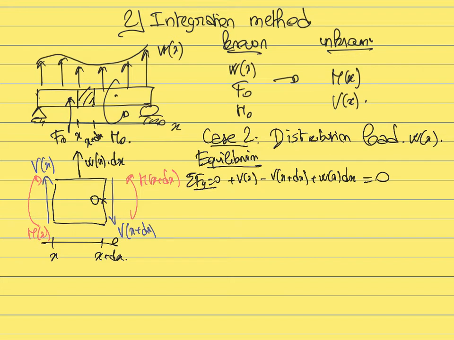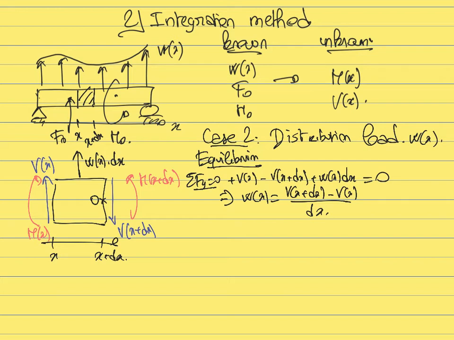So now we can write the distributed load W of x at the point x as the internal shear at x plus dx minus the internal shear at x, divided by dx.